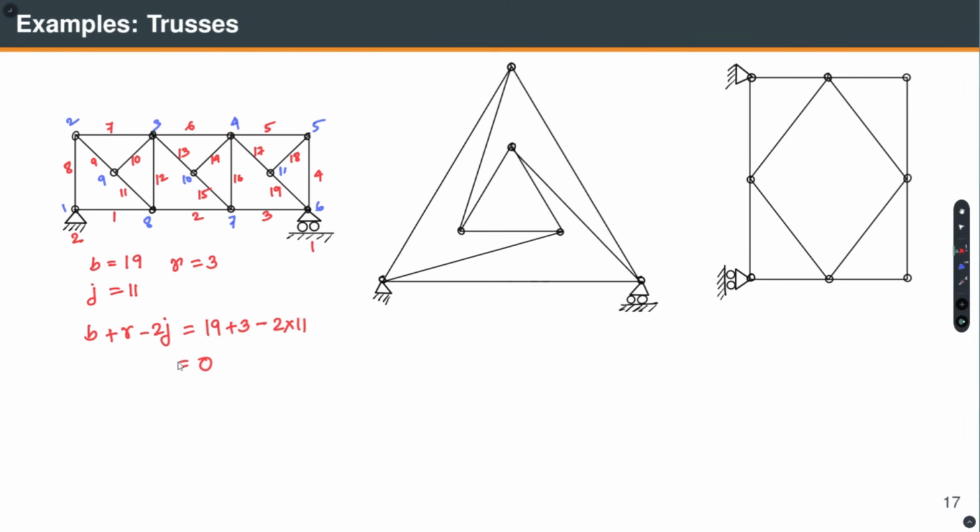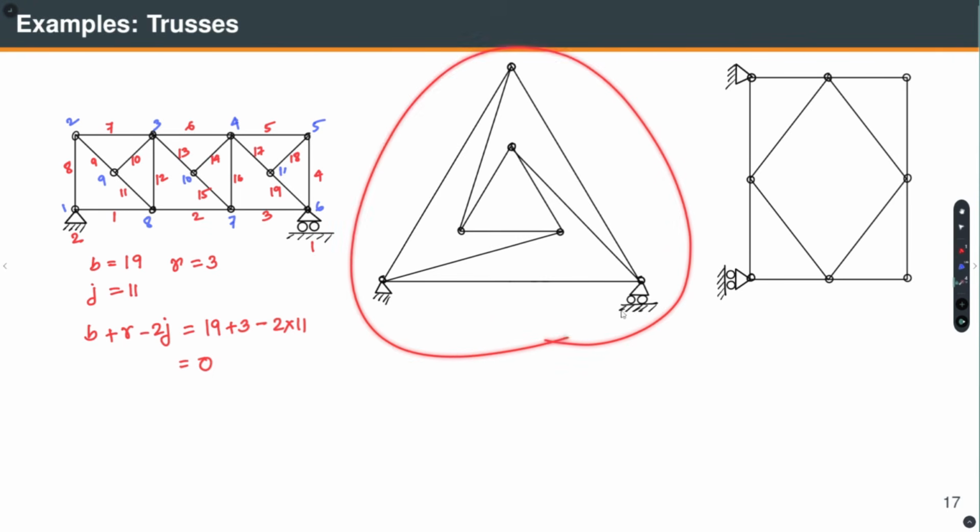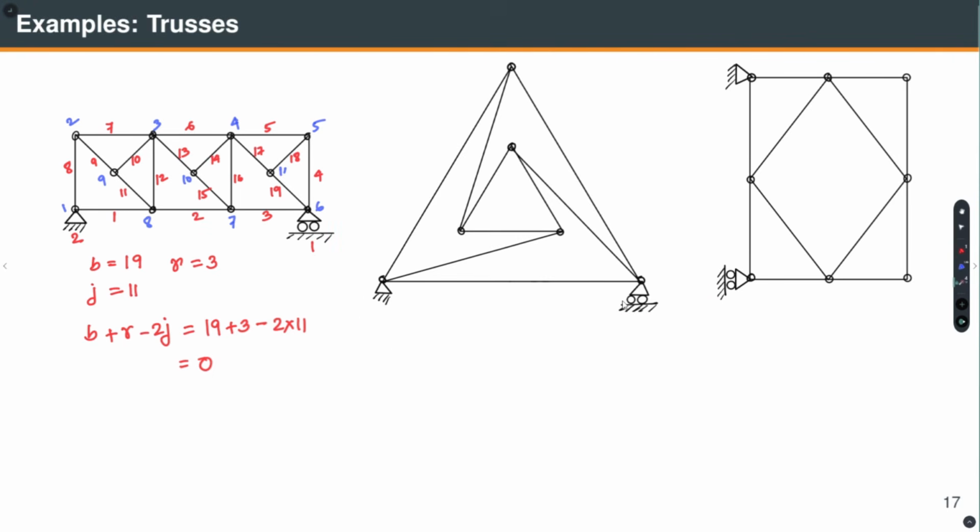But before we go further, we have to see whether it can form any collapsible mechanism. Well, this is all made of triangles, so there is no collapsible mechanism, hence it is stable. Now, let us talk about this example. It is also made of triangles, but is it stable or not?